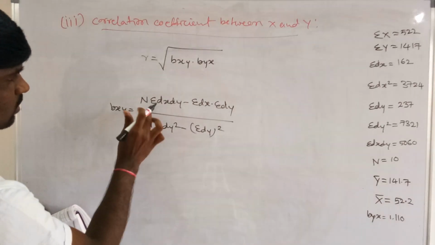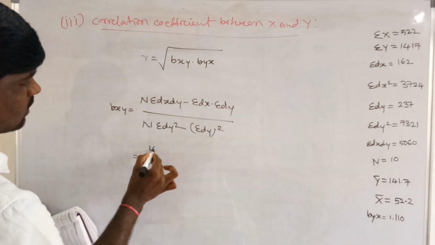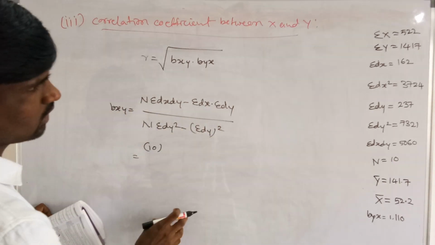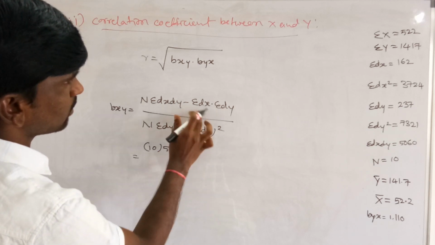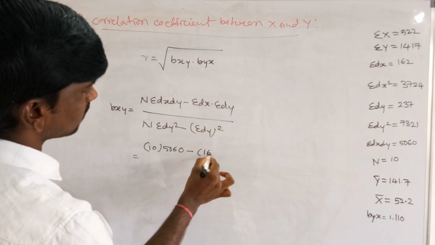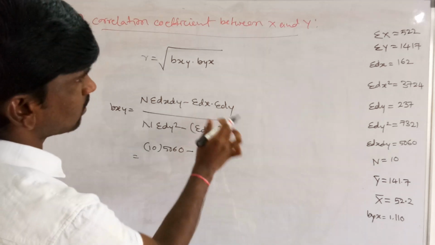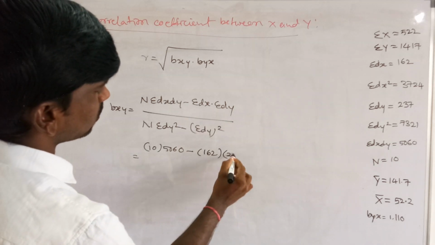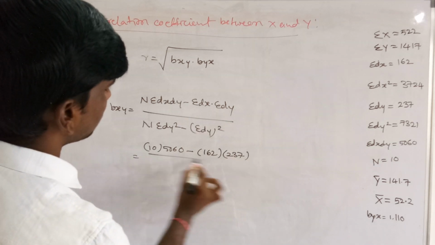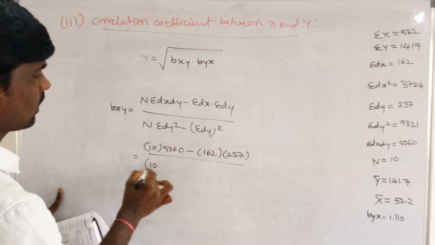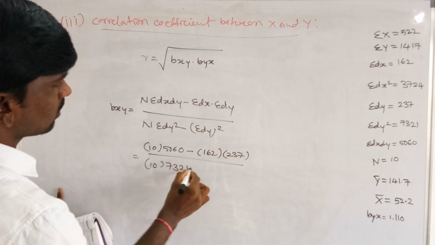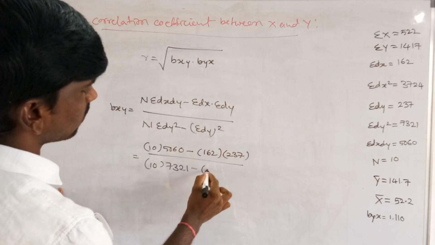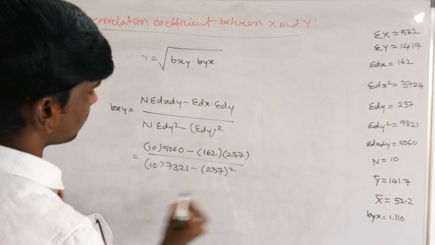What is the n? N is 10 into summation of dx dy 5060, minus summation of dx, that is 162, into summation of dy, that is 237, divided by 10 into summation of dy square, that is 7321, minus summation of dy, 237 square.